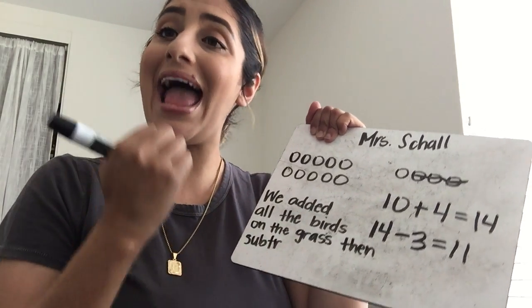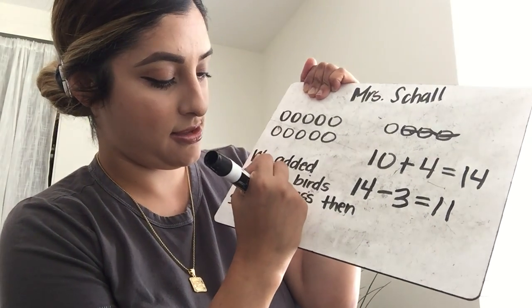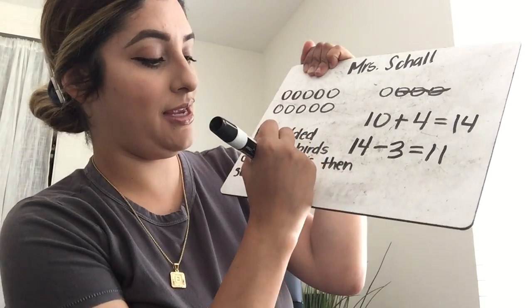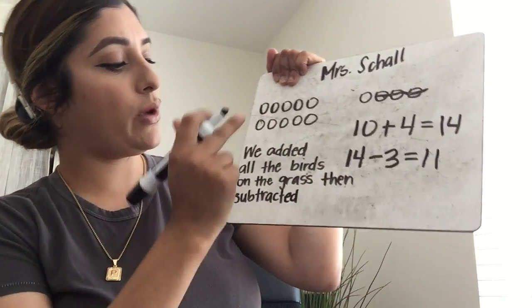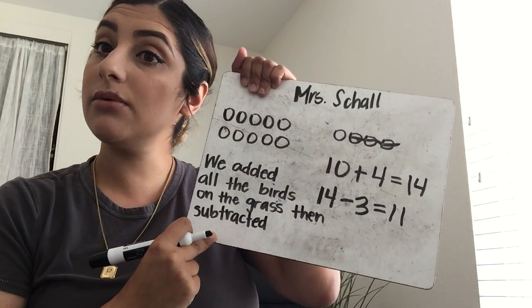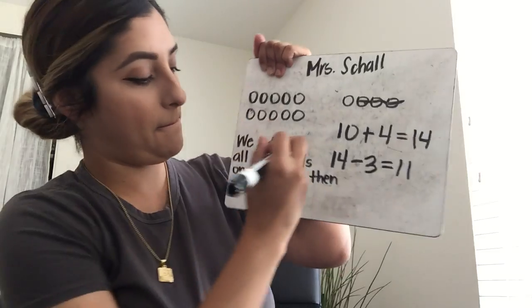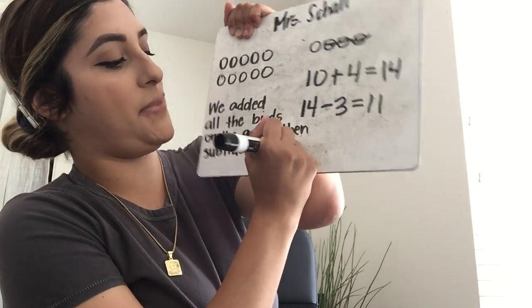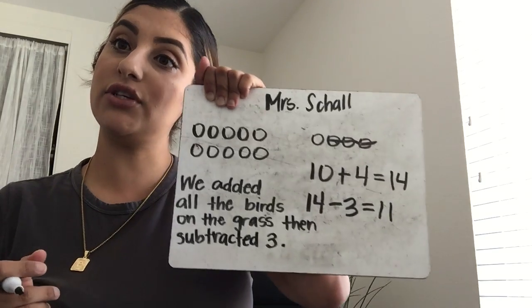Ooh, that's a word. Act. A-C-T. Subtract. Ed. Subtracted. We added all the birds on the grass, then subtracted. How many did we subtract? 3. I'm just going to write the number. 3. Period. Boom. We're done, first graders.